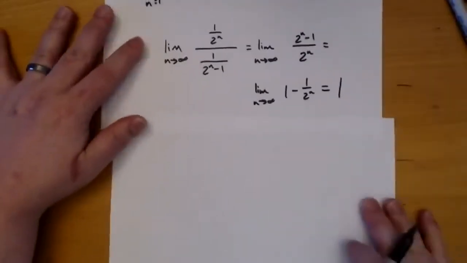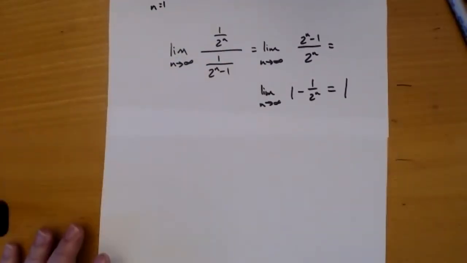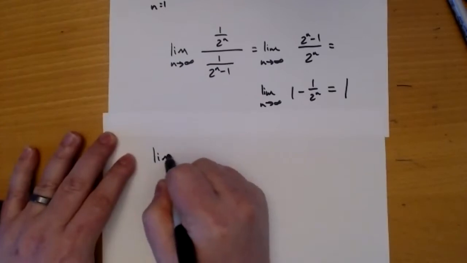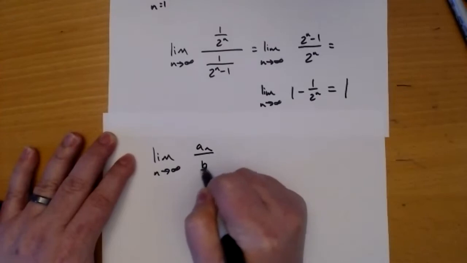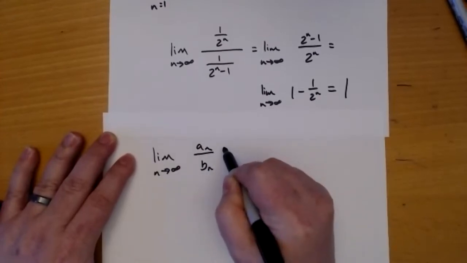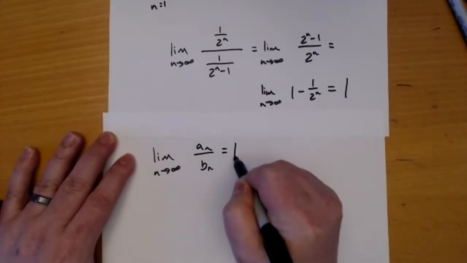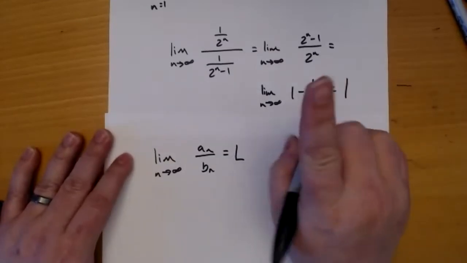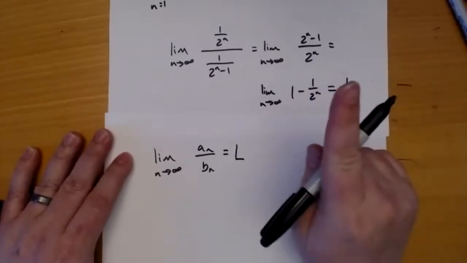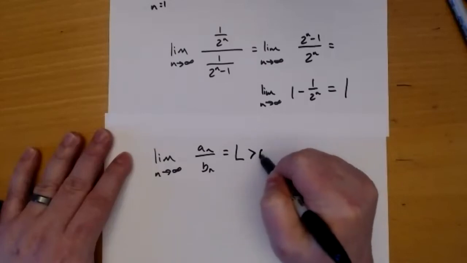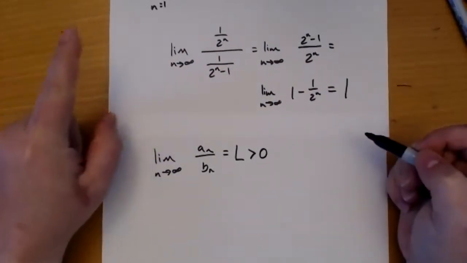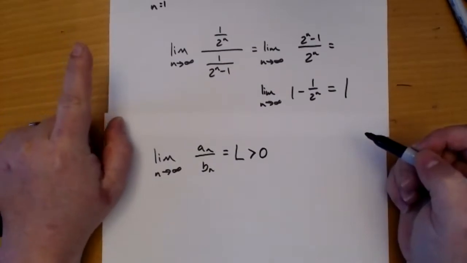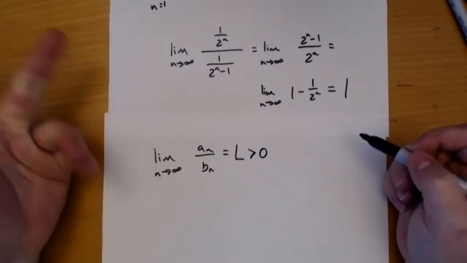Formally, it's saying that if the limit as n approaches infinity of a to the n over b to the n goes to a number, not infinity, a number that's greater than 0. So 0 is lousy and infinity is lousy, or negative infinity as well.